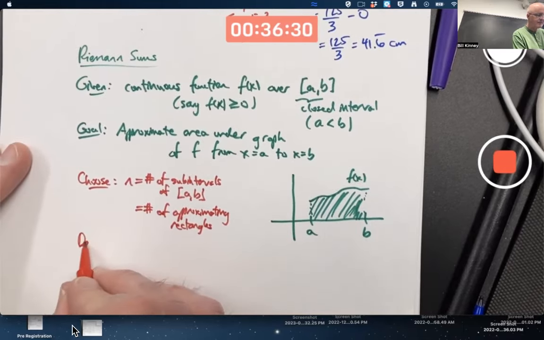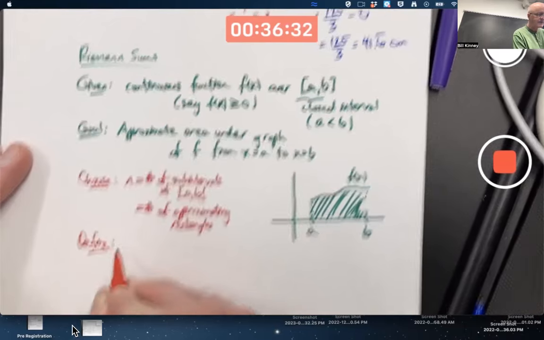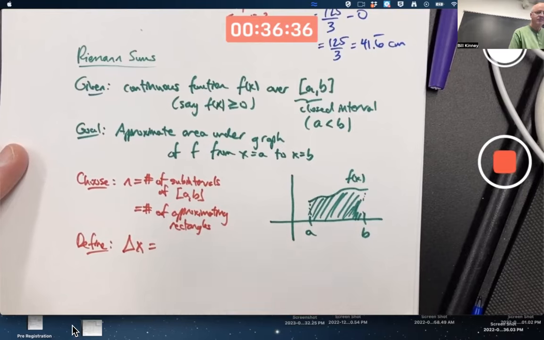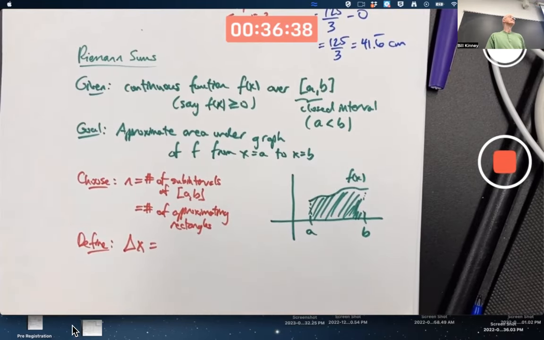You define, based on that, the width of each rectangle, call it delta x. All these rectangles are going to have the same width. It's the length of the entire interval divided by the number of rectangles.